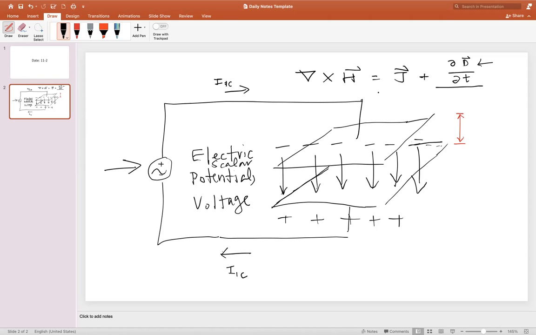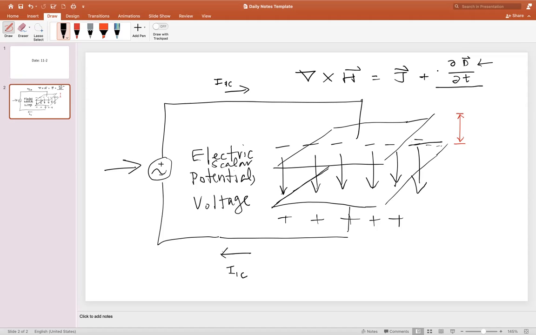Previously, when we looked at electrostatics and magnetostatics, we disregarded terms like this, because the time derivative was equal to 0. But now, if we have a situation where the time derivative is no longer 0, we must account for it. And accounting for that gives us a term that is actually a current term.